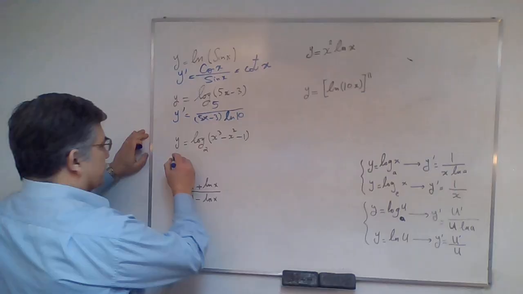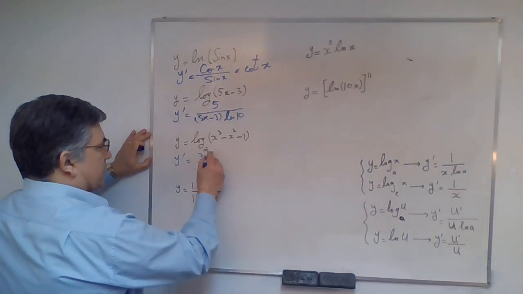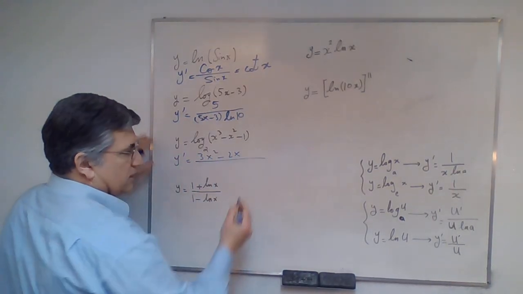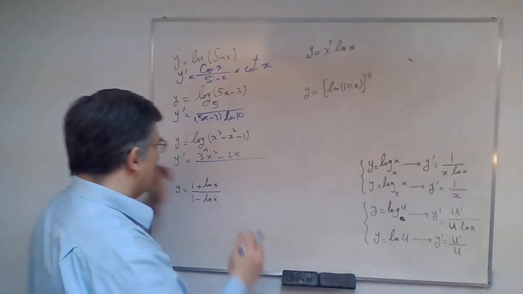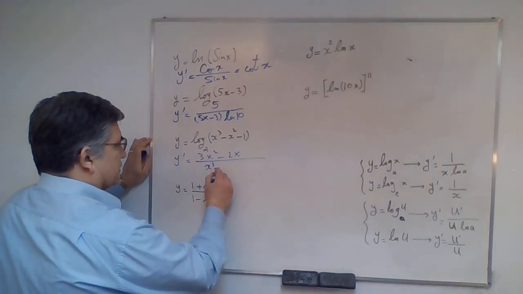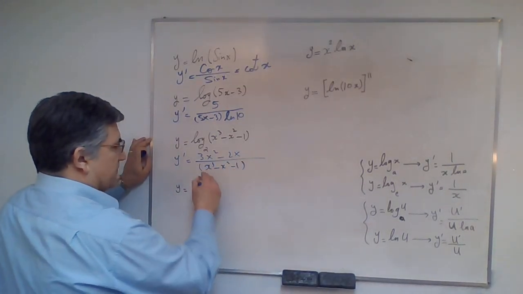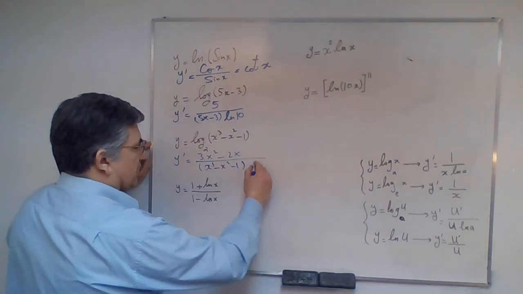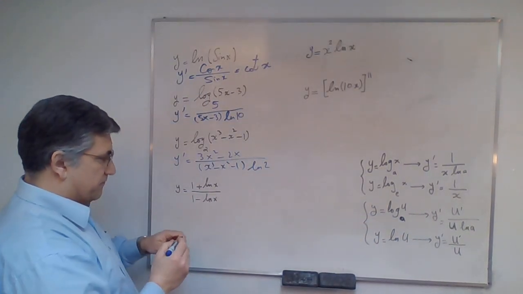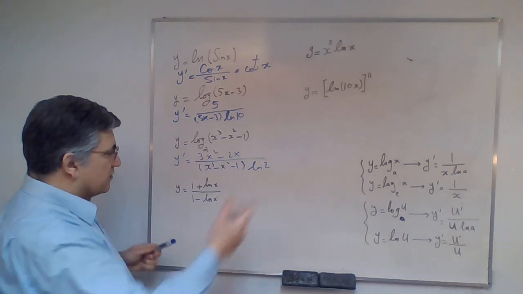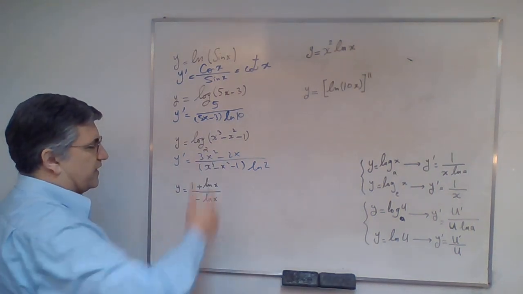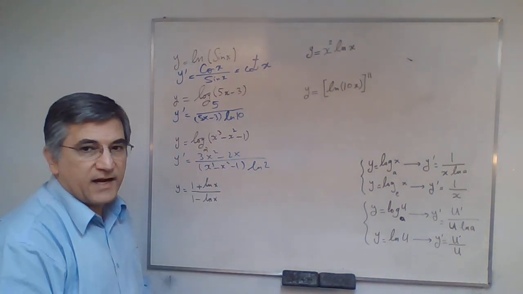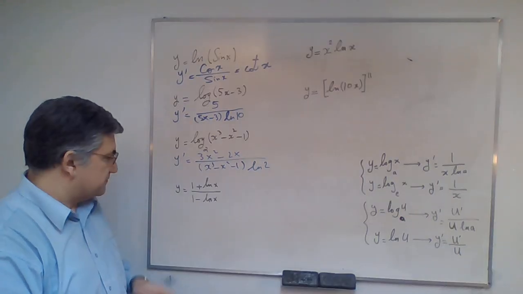So u prime in the numerator would be 3x squared minus 2x, all over u, which is the cubic function itself, and ln of a in the denominator, which is ln of 2. We can't simplify. You could factor x out in the top, but it doesn't matter. So that's the final answer.